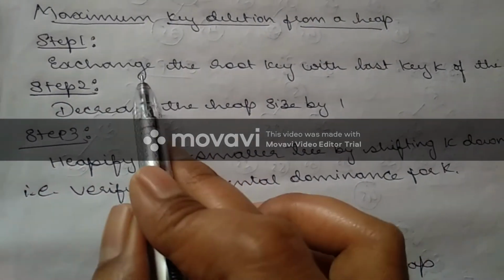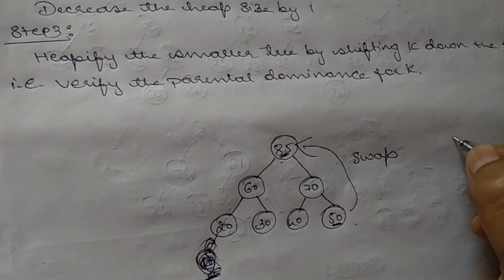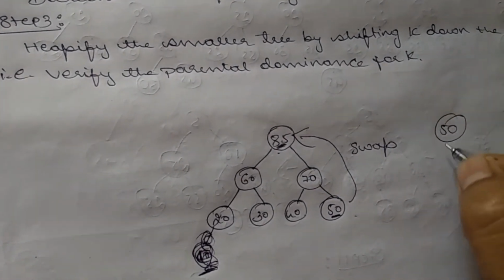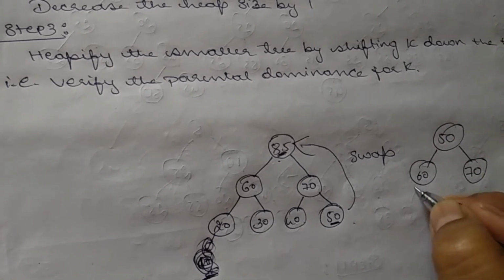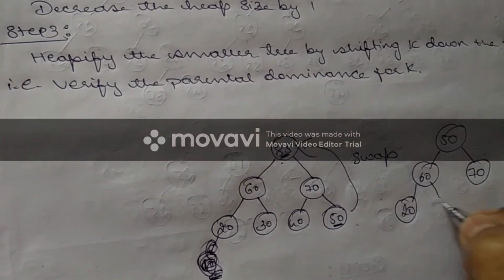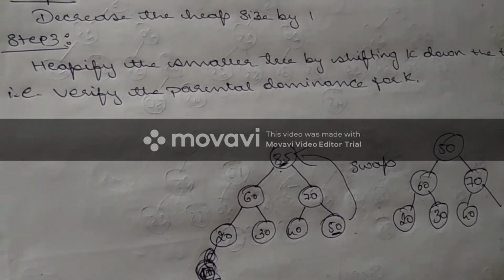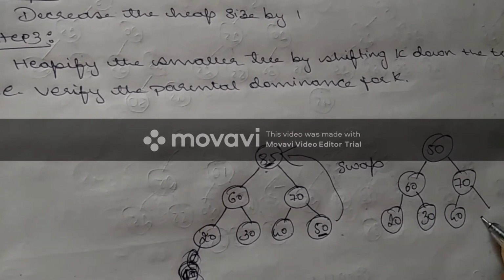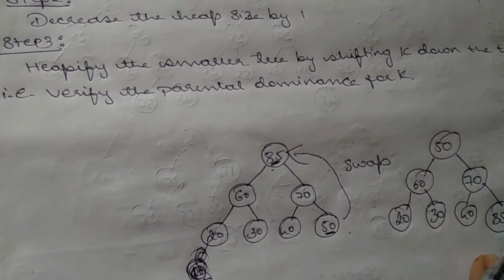That is what they are saying: exchange the root key with the last key k of the heap. So now 50 will come here, then 60, 70, this 20 and 30 will remain as they are, then this is 40, and in place of 50 you have to take 85. This is how you have to do it. This is the first step.